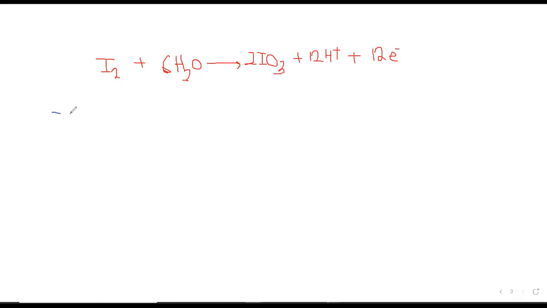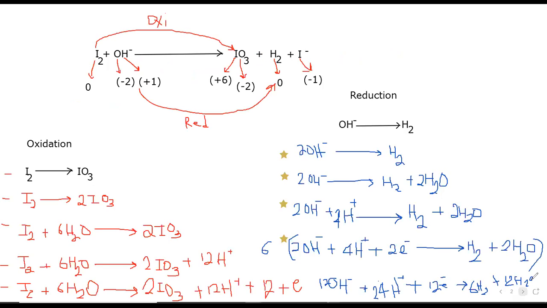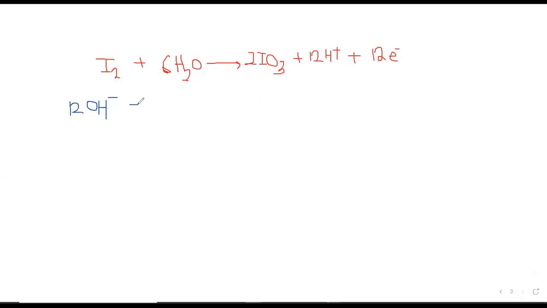So we're going to say minus 12 molecules of OH. Then we have 24 molecules of hydrogen. So plus 24 molecules of hydrogen, like that.